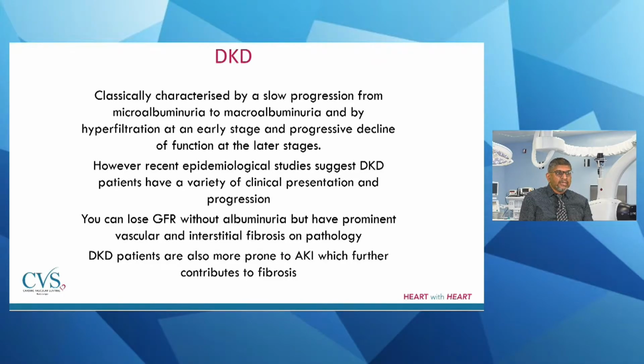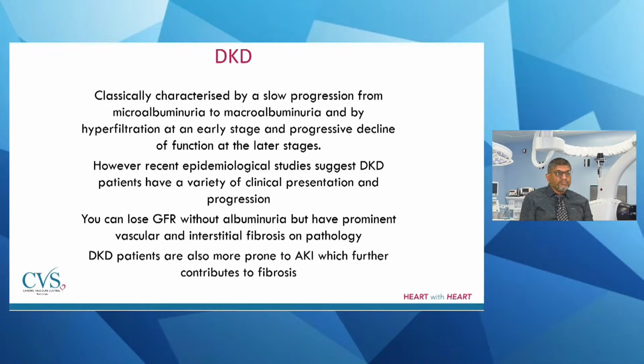So diabetic kidney disease is a very important illness, and it's important that we treat this condition at a very early stage before it becomes too advanced and more difficult to treat. In the past, we have all been taught that diabetic kidney disease is a slow progression that starts with protein leakage.